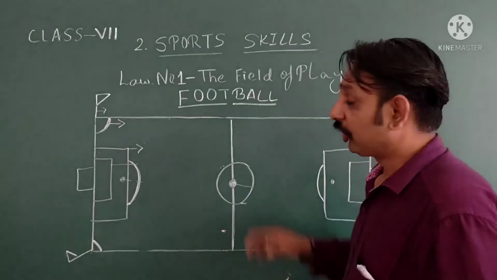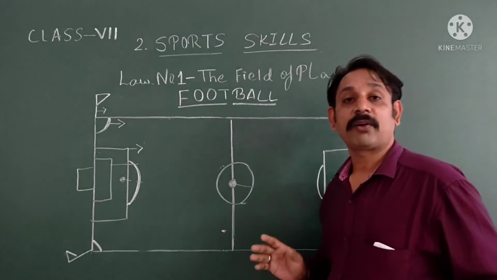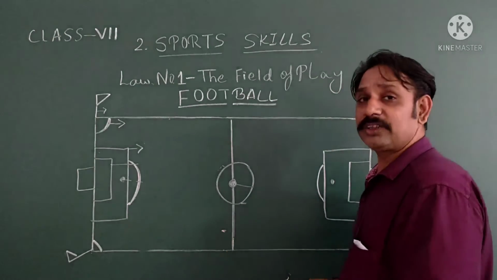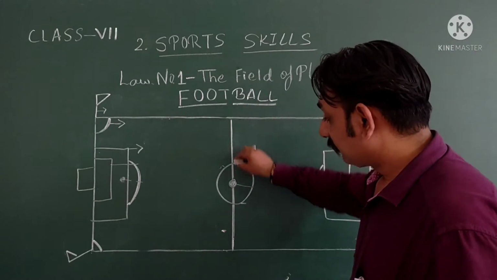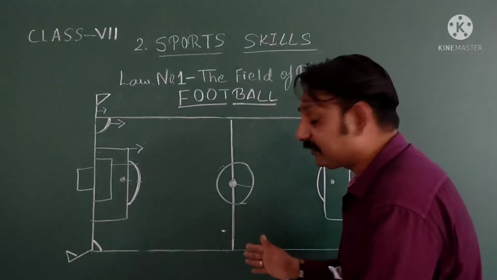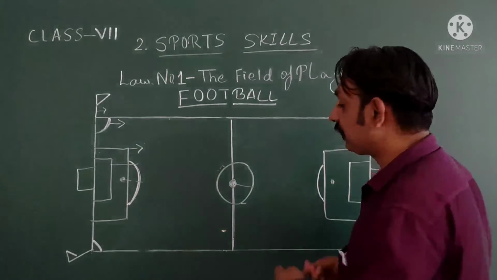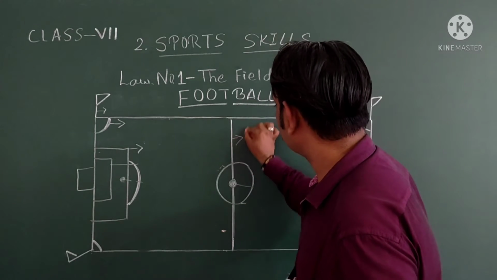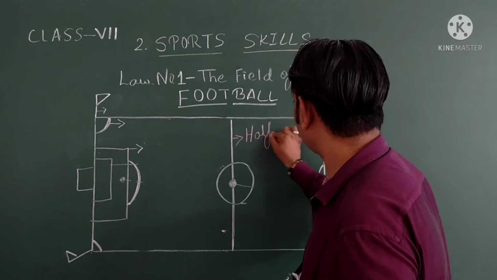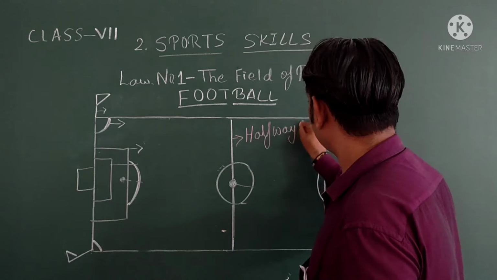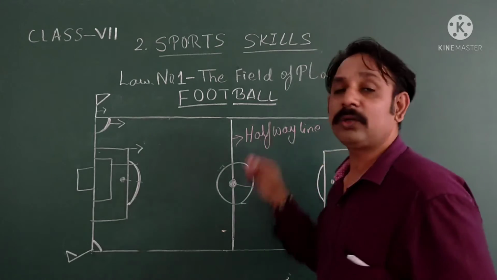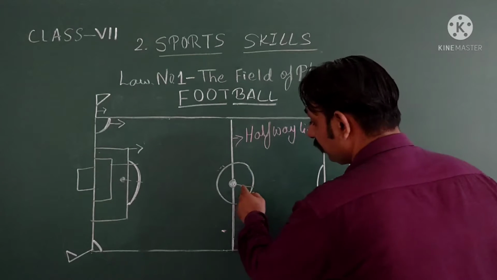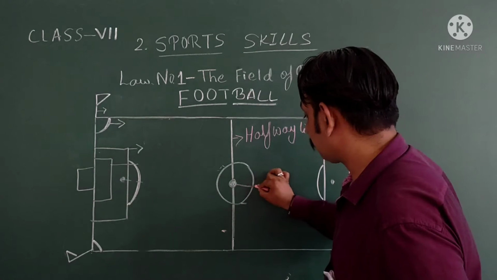First thing, the shape of the football field is rectangle. Now as you can see over here, a center line divides the ground into two parts. This line is known as the halfway line. Then here you can see in the center there is a spot.